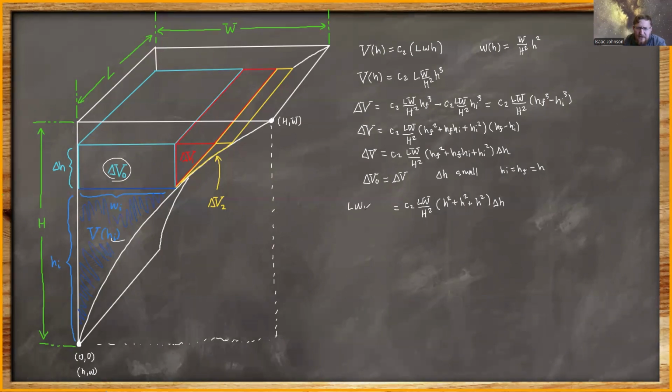We know width initial can be solved for in terms of height initial. So we did that. And then, of course, the H squareds all add up to 3H squared. And things look pretty commensurate on both sides of the equation.